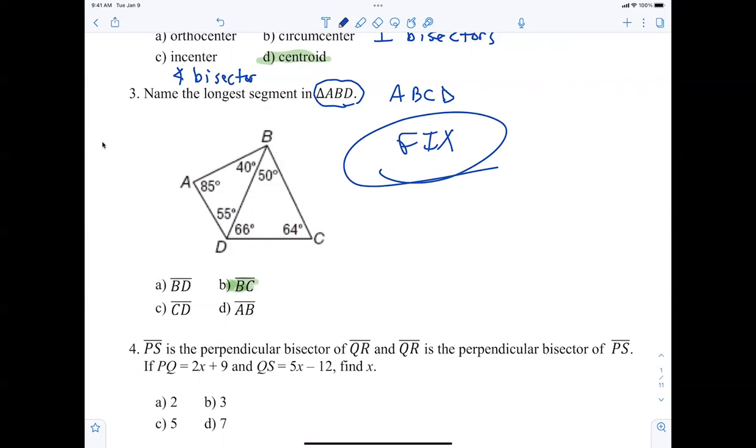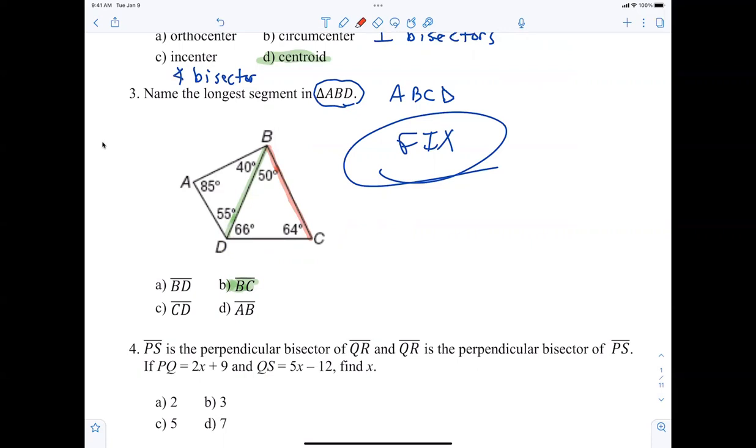Now, you are right. So here's the point of this question. So just listen. BD is the largest side in triangle ABD. Does everybody agree with that? And then if you look at the other triangle, BC is the largest side on that triangle.